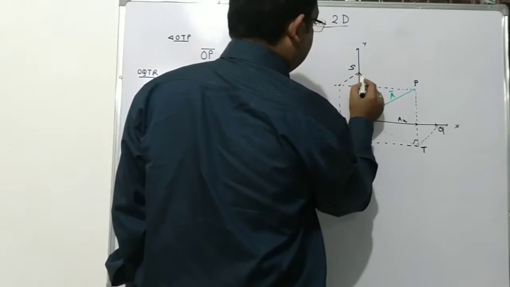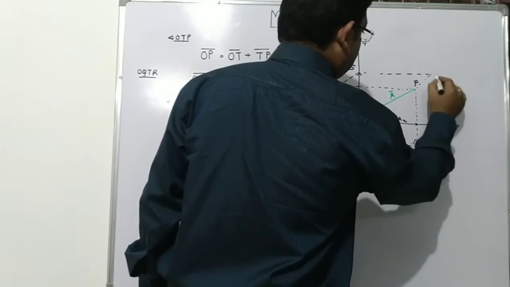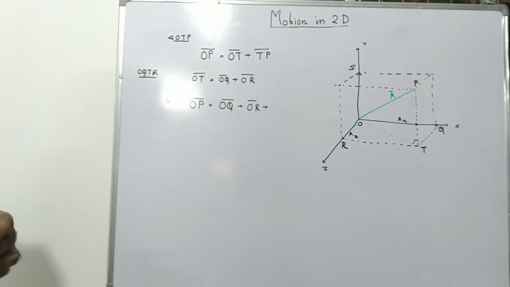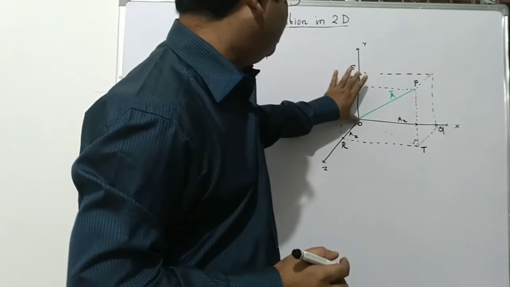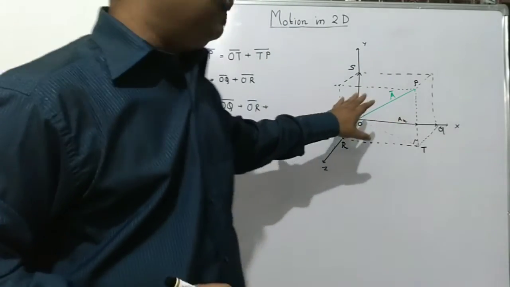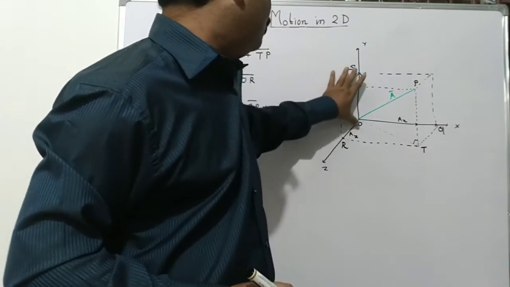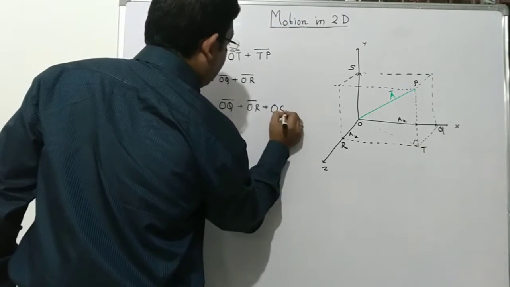See? Why this? Because this forms a cuboid. So all these sides are equal, so OS must be equal to TP. So plus OS.